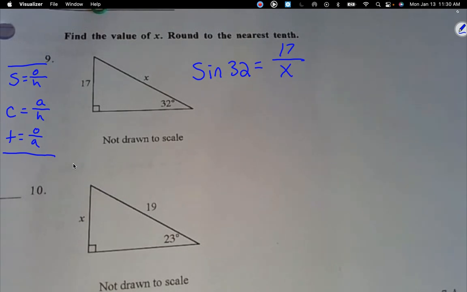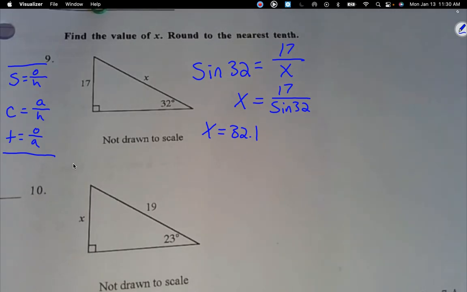So my x is in my denominator again, so I'll just switch it. So I get 17 divided by the sine of 32. What do we get on that one? 32.1. There you go. And it said tenths place. That's a 32.1. Okay. We're good on that one.